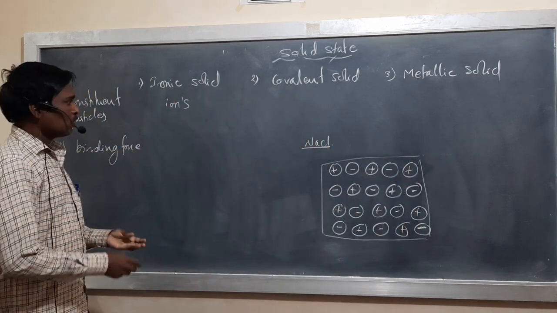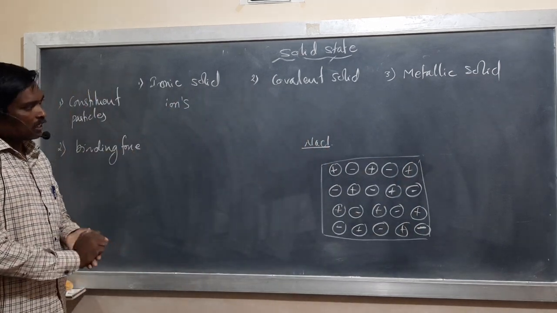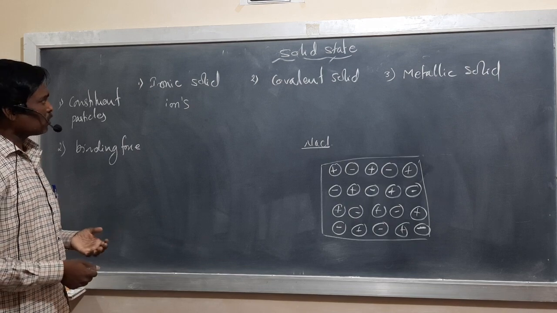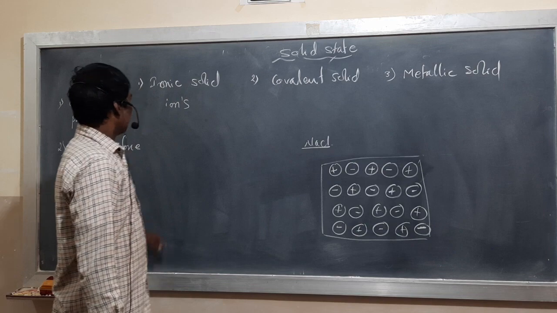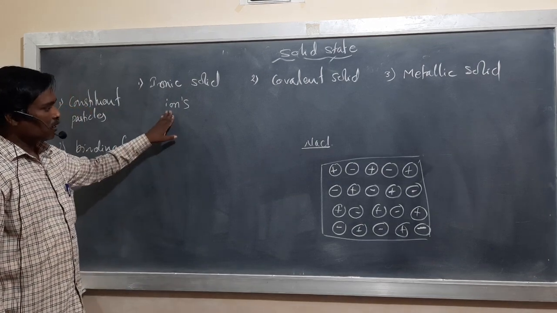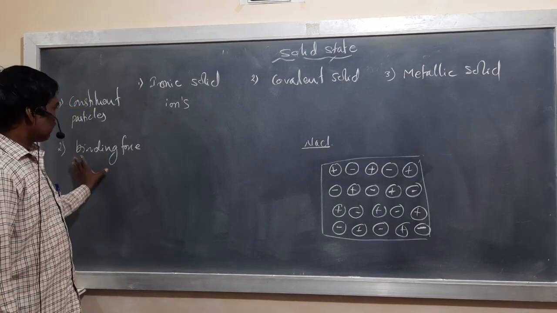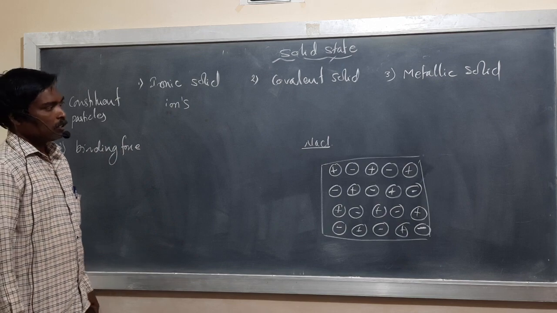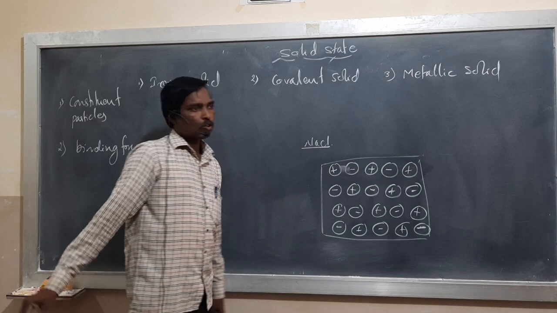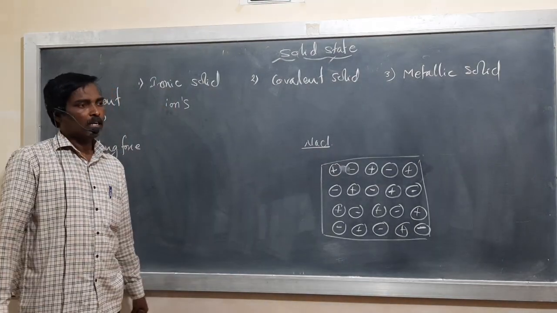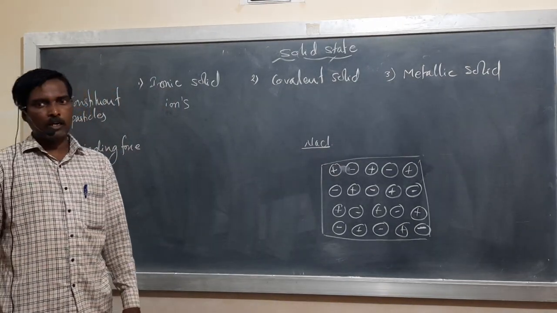This is a sodium chloride crystal. This is an orderly arrangement of the ions, a solid crystalline sodium chloride. Here the constituent particles are oppositely charged ions. These ions are held together by a strong electrostatic force of attraction, which forms an ionic bond.